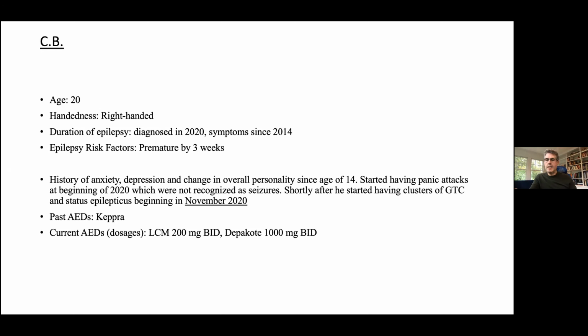He has severe epilepsy with several hospital admissions for status epilepticus. He is medically intractable, and he is currently taking lacosamide and Depakote.